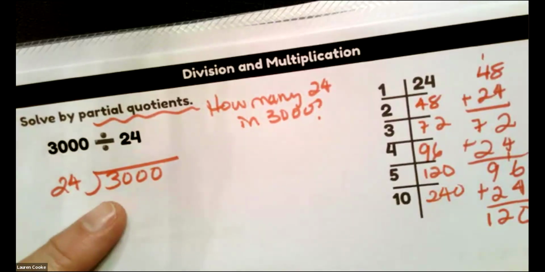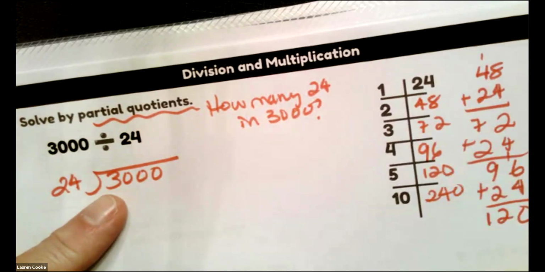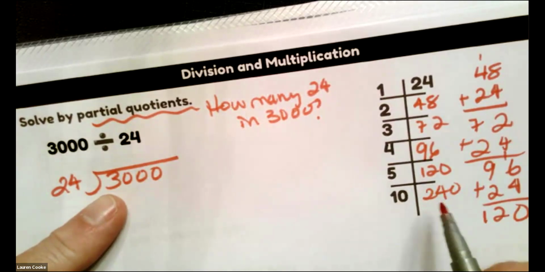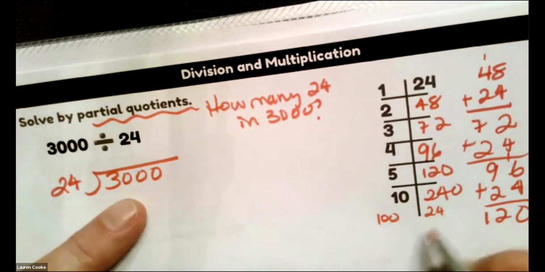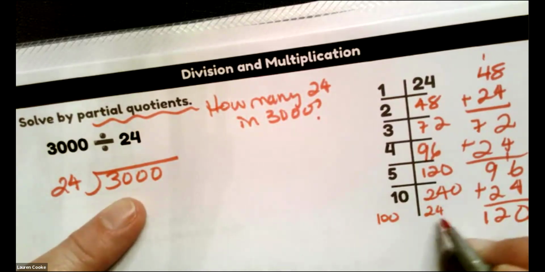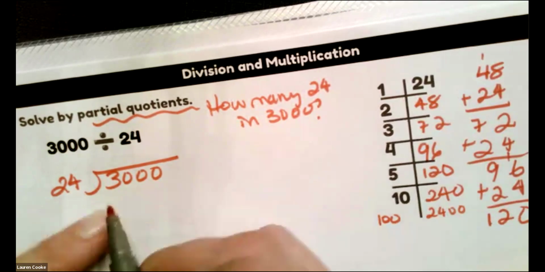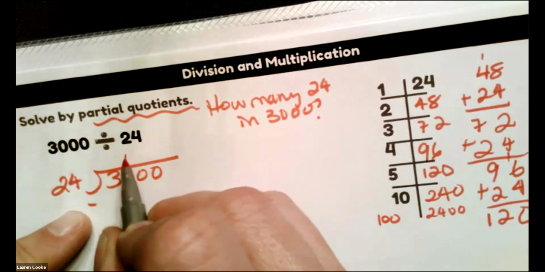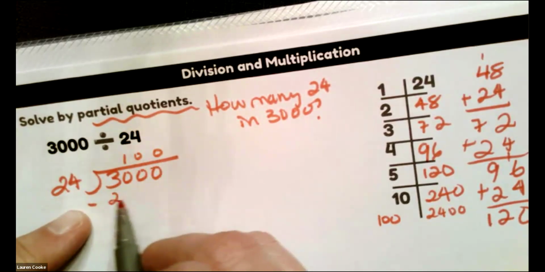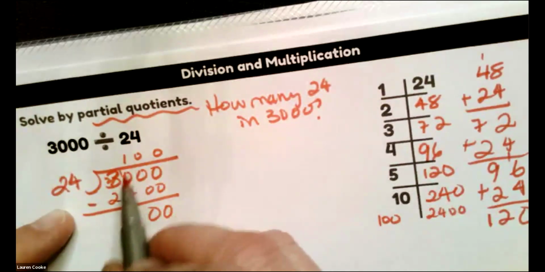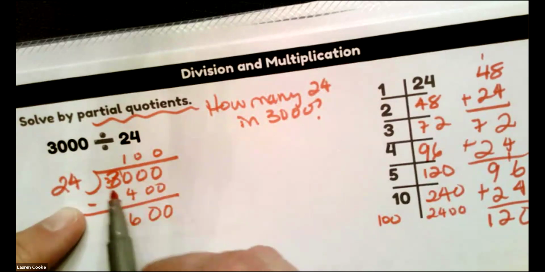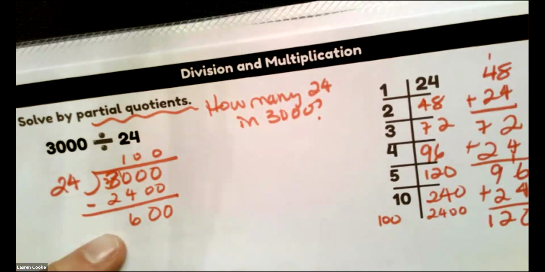I know that if 10 times 24 is 240, I bet you 100 times 24 is 2,400. So I'm going to have 100 here, minus 2,400, and 3,000 minus 2,400 is 600. Then I have 600.